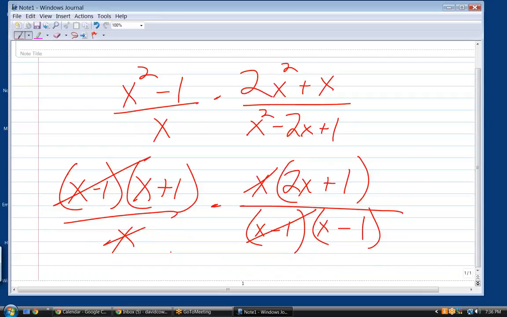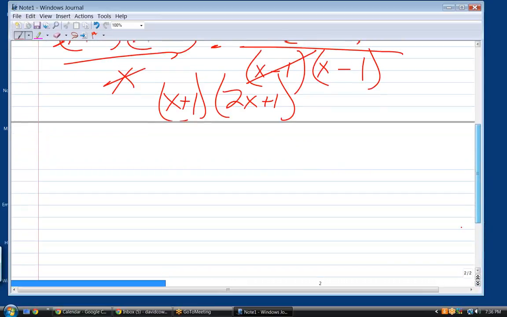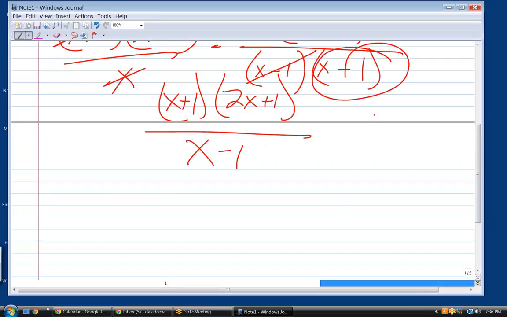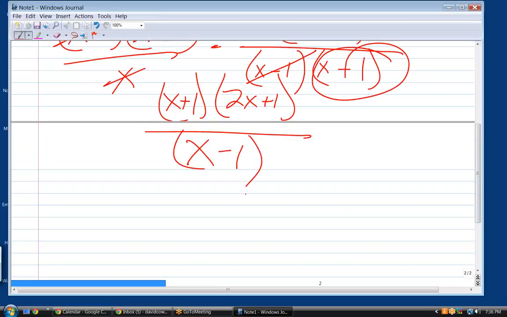So now what am I left with? The only numerators I have are x plus 1 there and 2x plus 1 there. And in the denominator, I still have an x minus 1 from this one right here. Okay? Now, I can't simplify this anymore. It might look like I can, but I cannot.